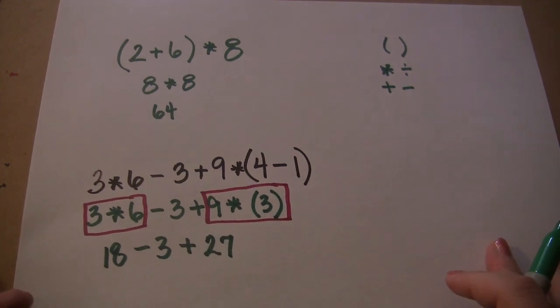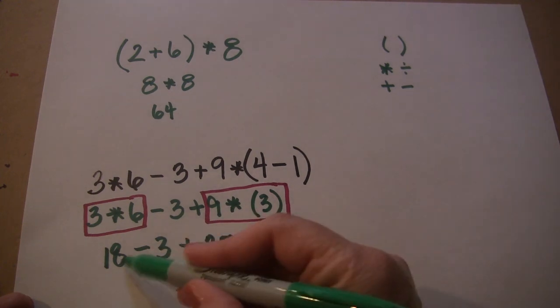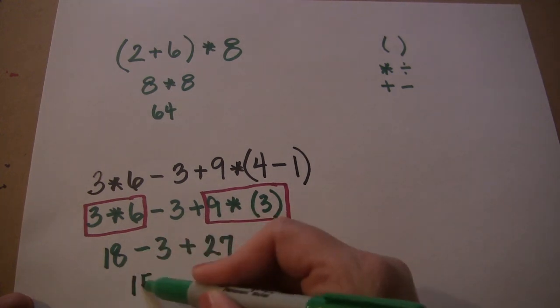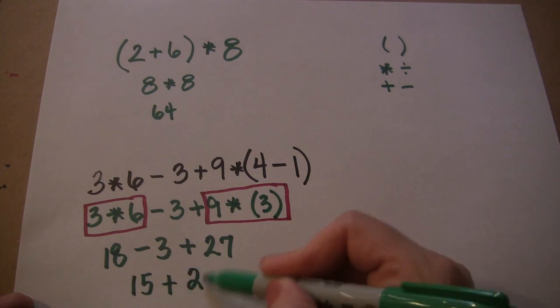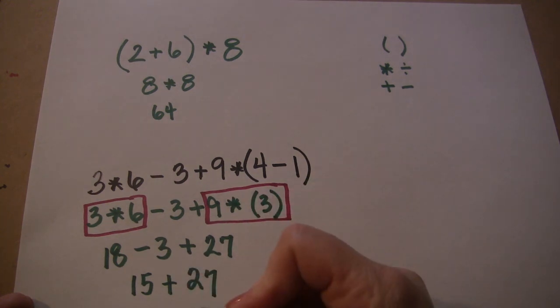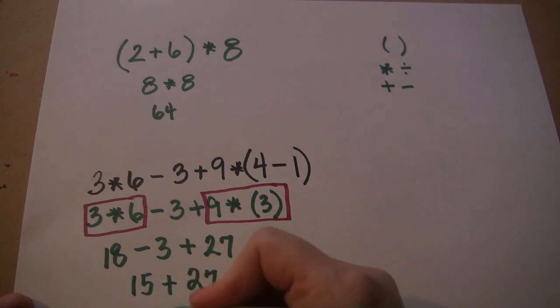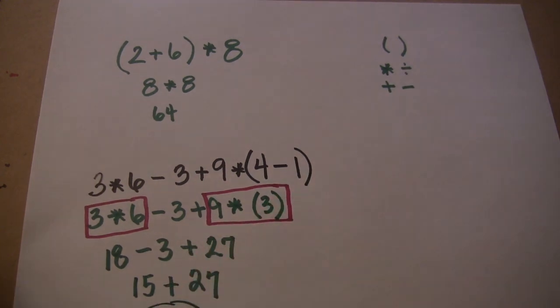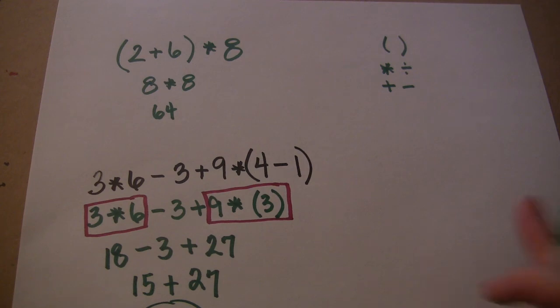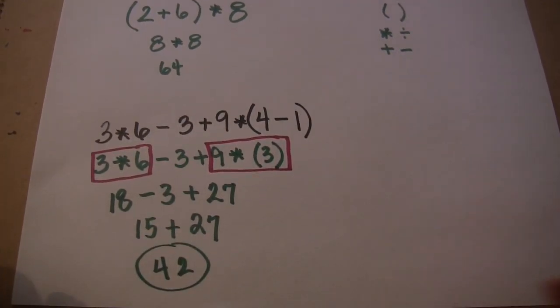So I have 18 minus 3 plus 27. Well, 18 minus 3 is 15 plus 27, and now this is hard math to do in my head. 42 is the answer.